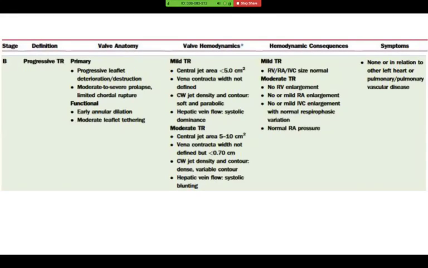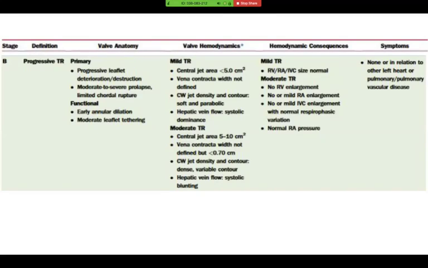The central jet is less than 5 centimeters square, the continuous wave flow is soft and parabolic, and the hepatic vein flow is systolic dominant, which is normal.